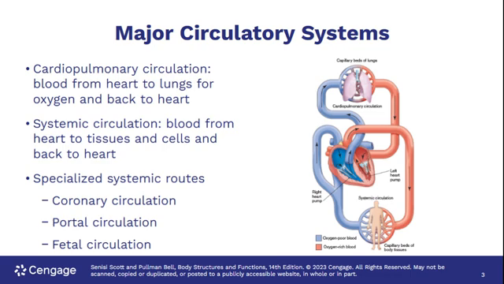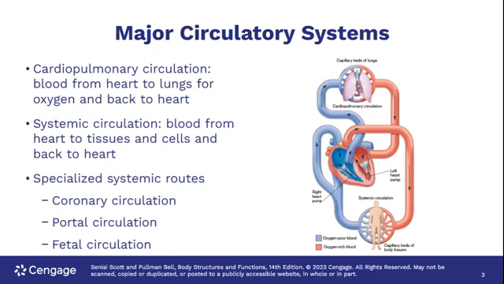So we have the cardiopulmonary system, which is heart and lungs. Cardiopulmonary circulation is heart and lungs, and systemic circulation is your heart and your body. There are specialized routes within systemic circulation. Inside systemic circulation, there's coronary circulation, which is blood to the myocardium.